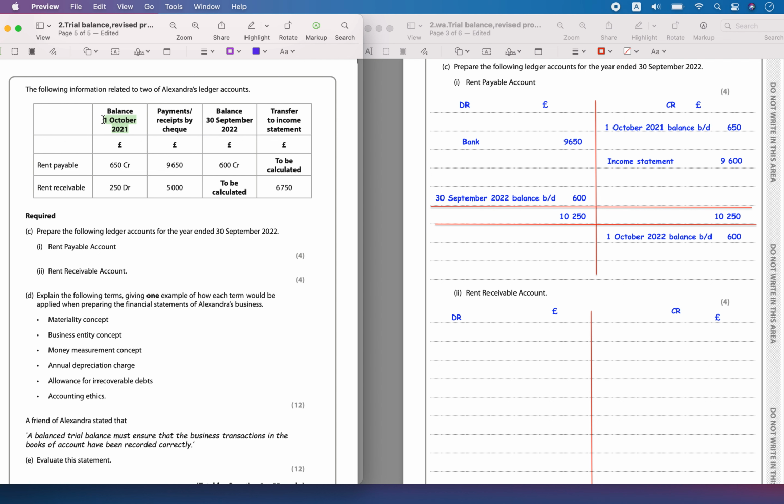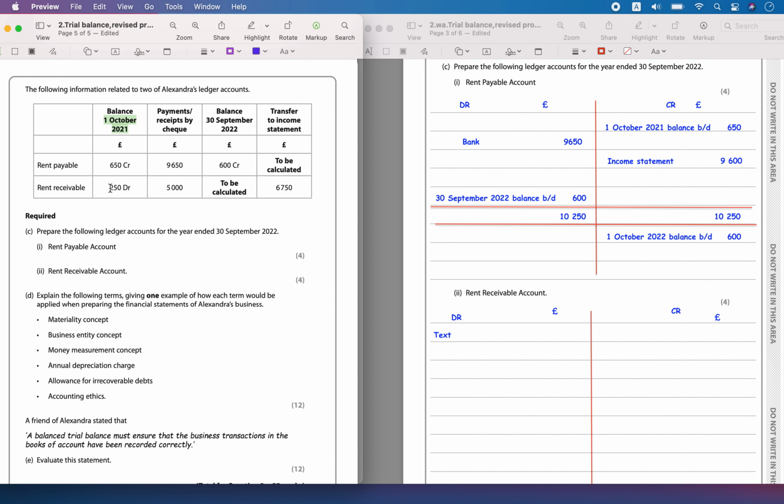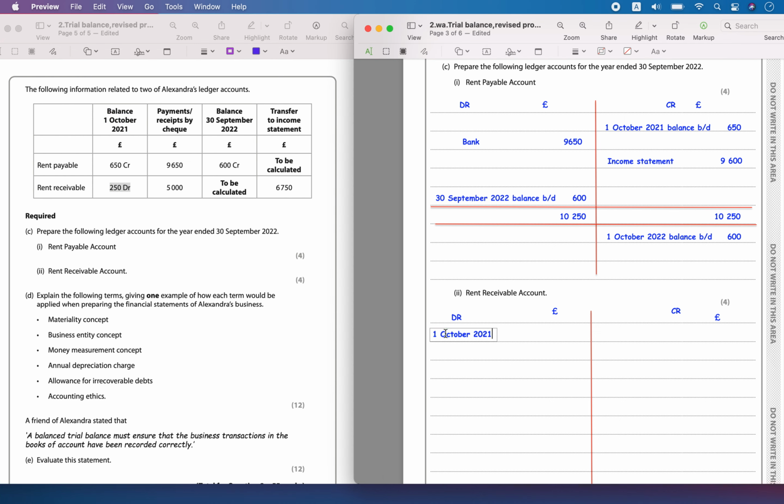Now here we can see the balance brought down on 1st October 2021. So let's write it. Rent receivable is an income account, but it has stated that it is a debit of 250. So the October balance brought down was 250.